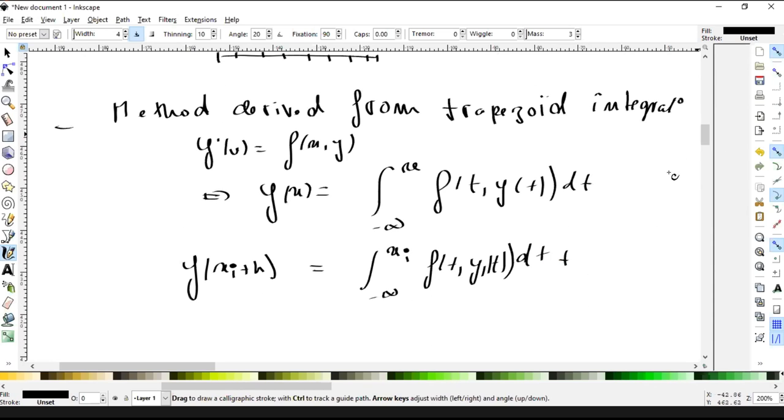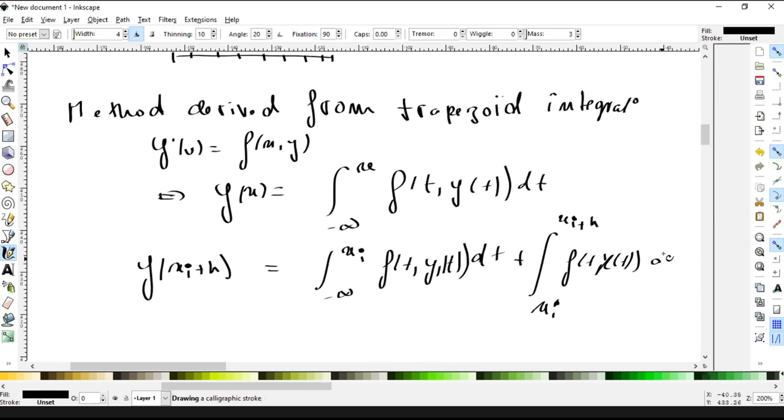plus the integral here. So y of xi plus h is the integral from minus infinity to xi plus h. If you separate this integral in two, you take from minus infinity to xi, and then from xi till xi plus h, of f of t, y of t dt.